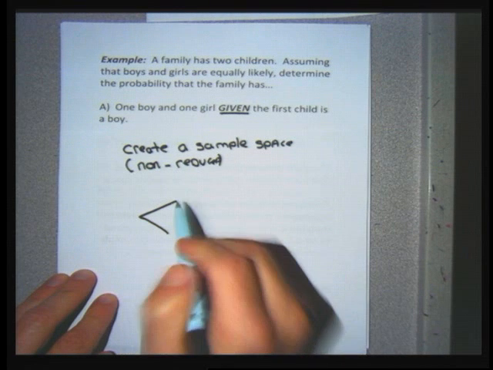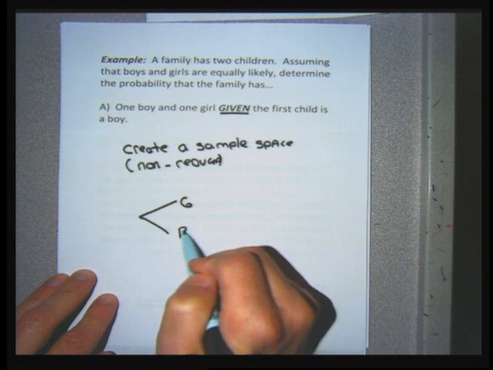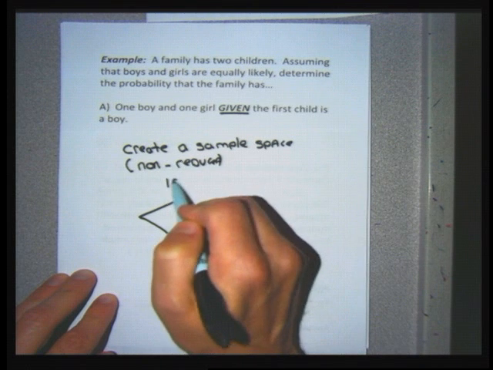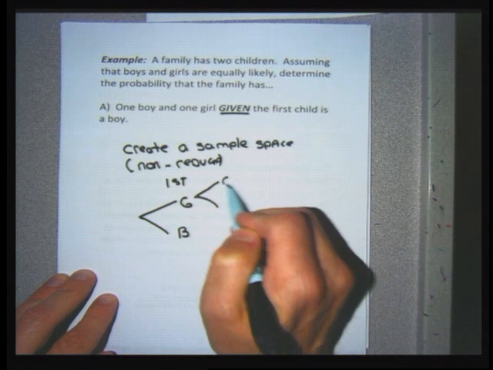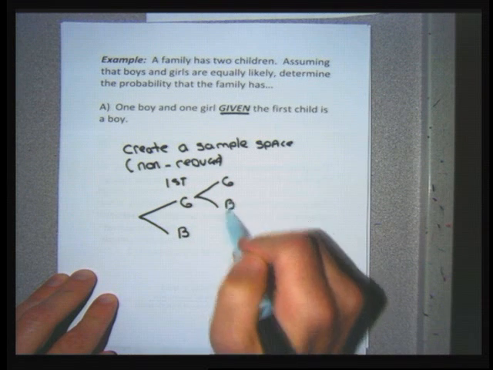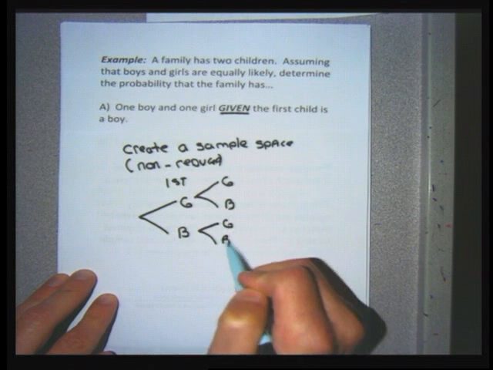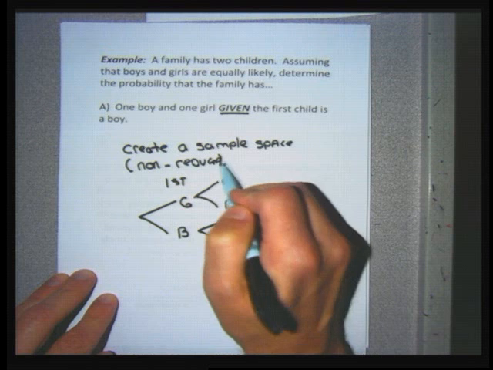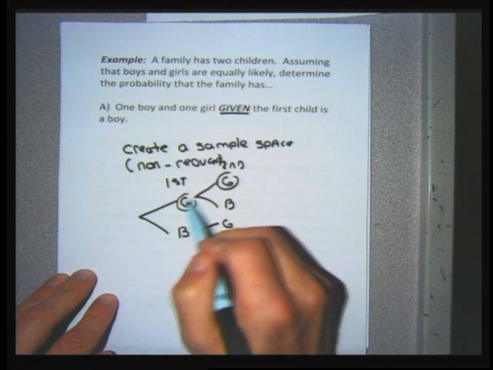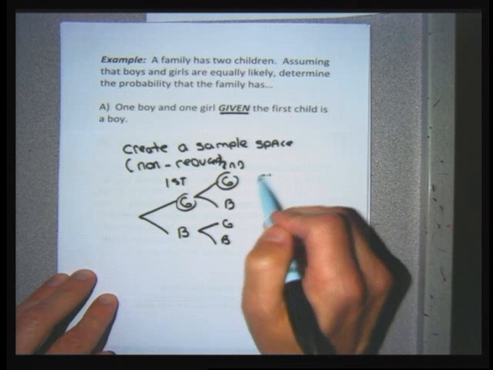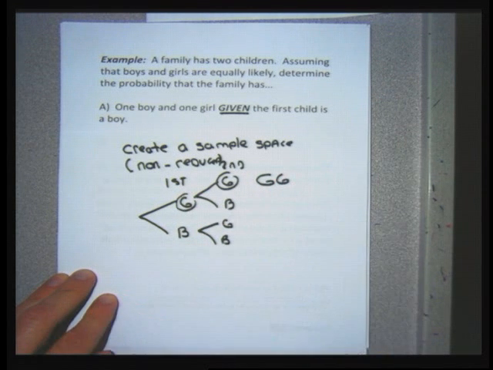I'm going to make a tree. The first child could be a girl or a boy. And the second child can be a girl or a boy. This G represents getting a girl first and a girl second. So one item in the sample space, non-reduced, is having a girl first and a girl second.